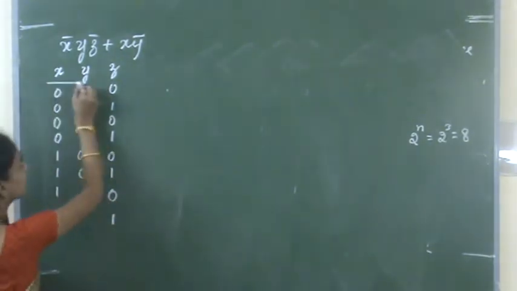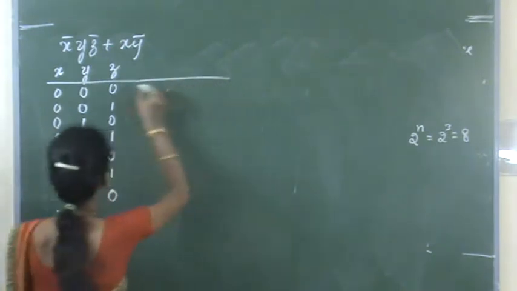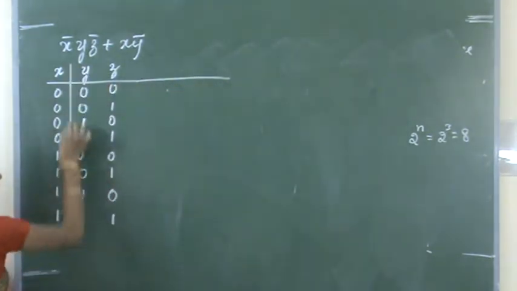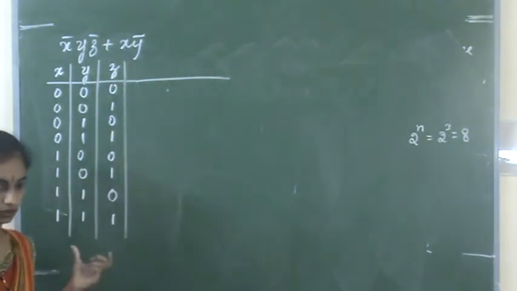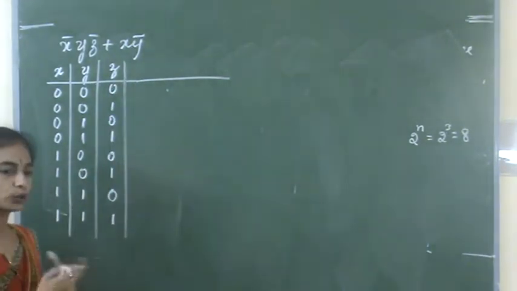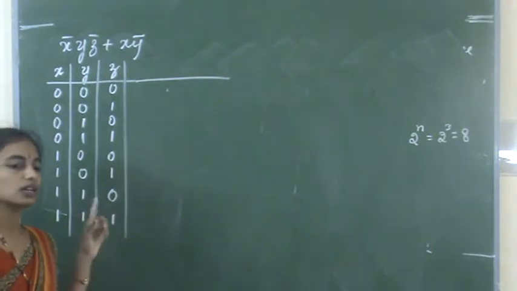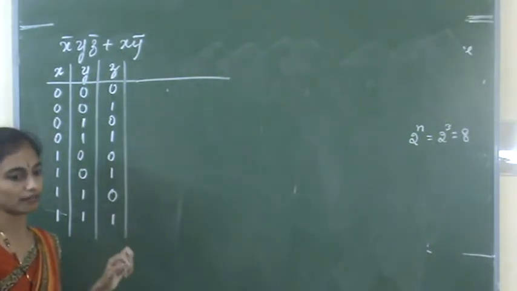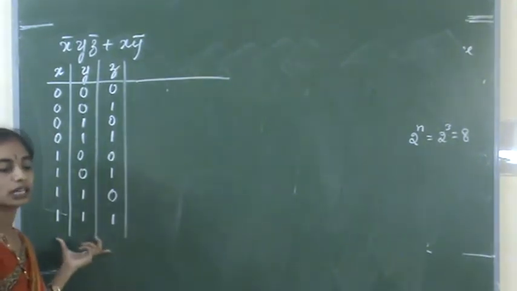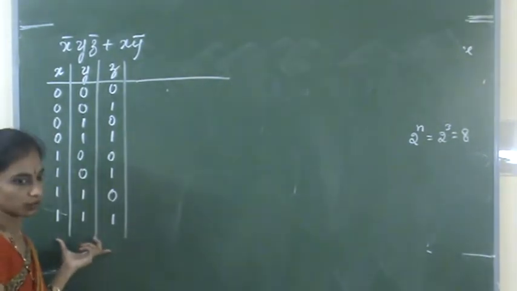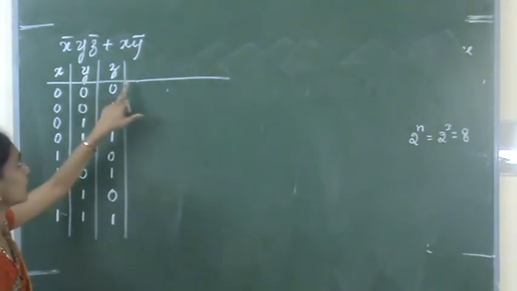For 2 inputs, you know 0 0, 0 1, 1 0, 1 1. For 3 inputs we have to provide 8 possible rows.